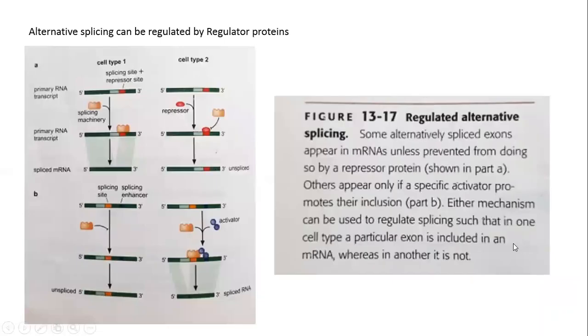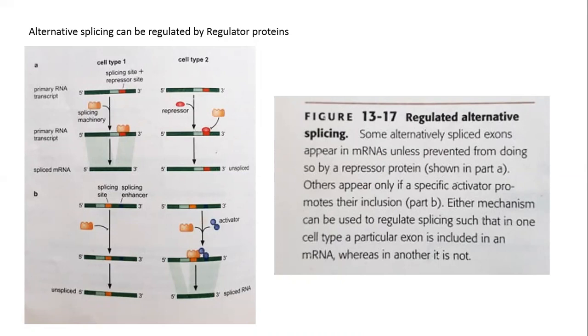The RNA alternative splicing is regulated by some activators or repressor molecules, and the binding site of the repressor or activator or enhancer is retained in the 3' splice site, which is very much required for the RNA splicing.